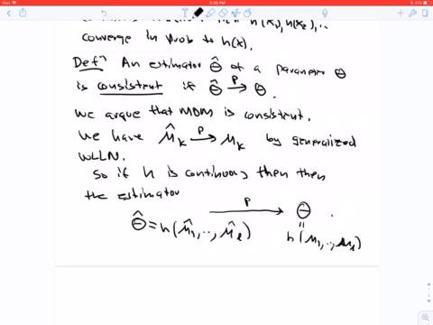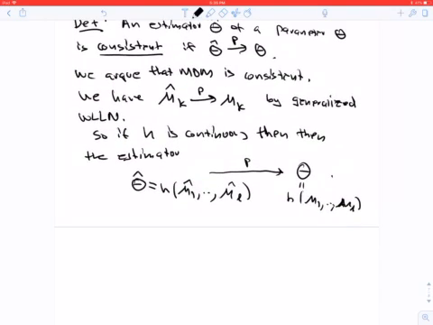So now we're just a few lines away from showing consistency. By definition, an estimator theta hat of a parameter theta is consistent if theta hat converges to theta in probability. So we argue that MOM is consistent. The sample moment converges to the kth moment by the generalized weak law of large numbers.